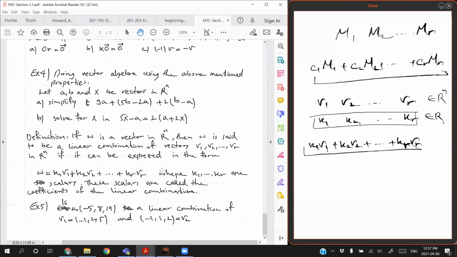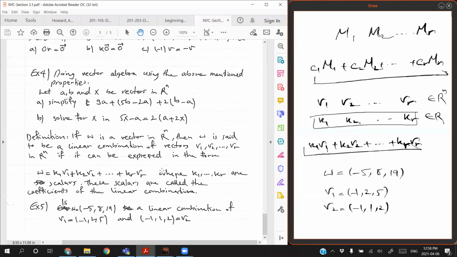So example 5, I'm going to let you think about this one. Here we have a vector W, which is negative 5, 8, 19, and you have two vectors V1 and V2. So V1 is negative 1, 2, 5, and V2 is negative 1, 1, 2.